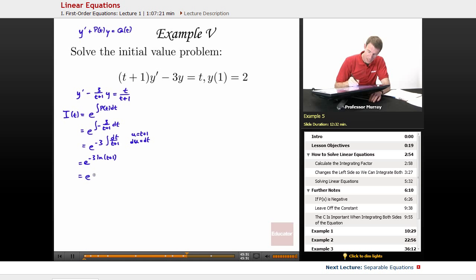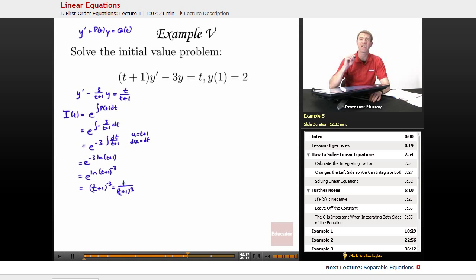And so this is e to the natural log of t plus 1 raised to the negative 3 power. Now I can cancel my e and my natural log, so that's t plus 1 to the negative 3, which is just 1 over t plus 1 cubed.